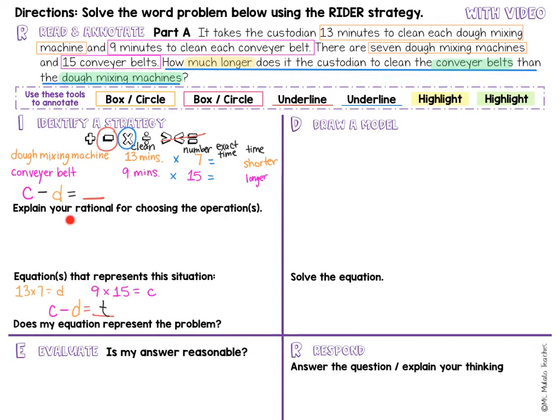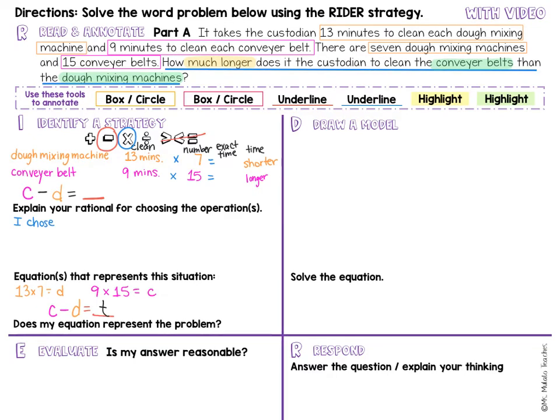Now let's explain your rationale for choosing the operations. Why did we choose to multiply? I'm going to think aloud before we write. I chose to multiply 13 minutes times 7 dough mixing machines because, why did we do that? What were we looking for? We were looking for the exact amount of time that it takes to clean all of the dough mixing machines.